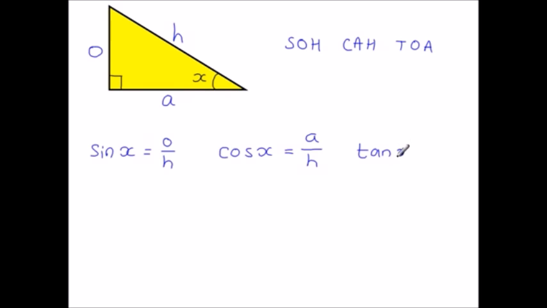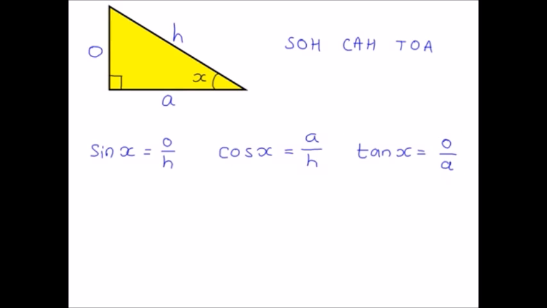And tan x is equal to the opposite over the adjacent. So the sine of angle x is given by this ratio. That's a ratio, so is this, and so is this.